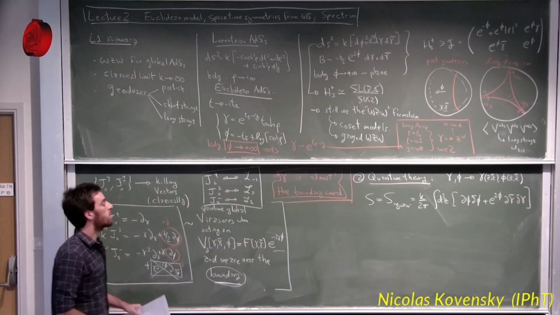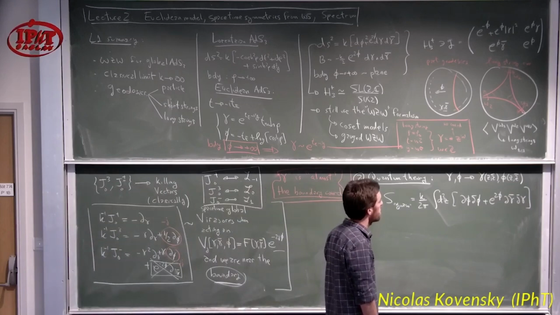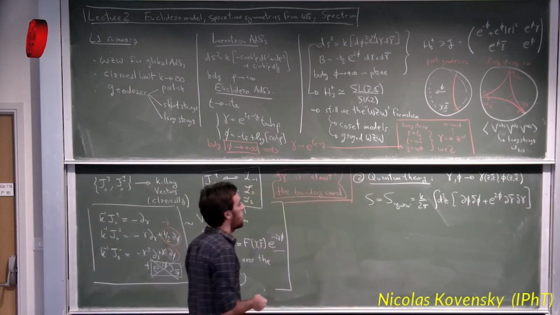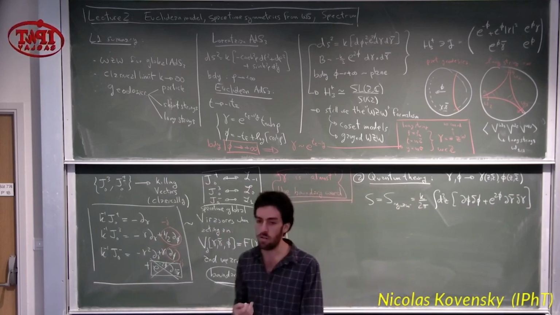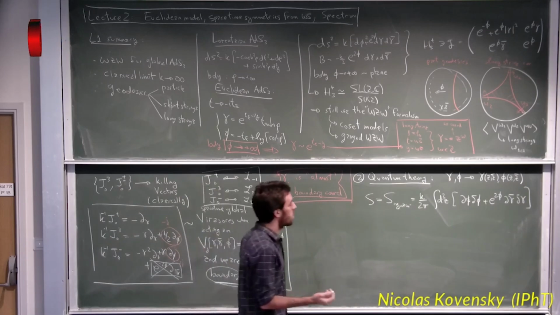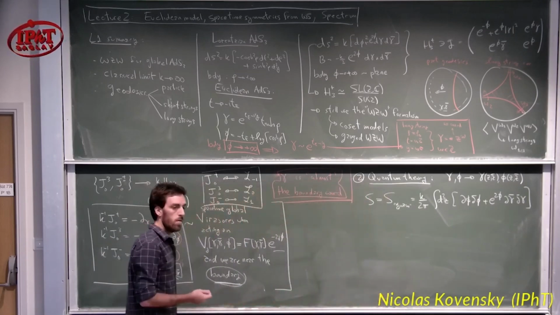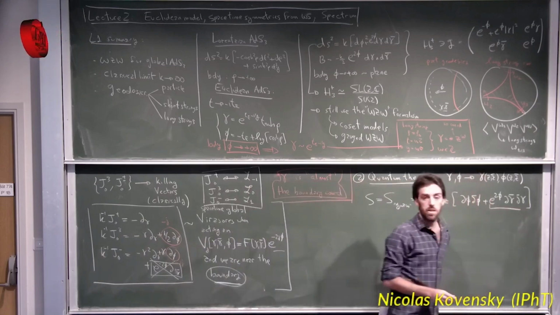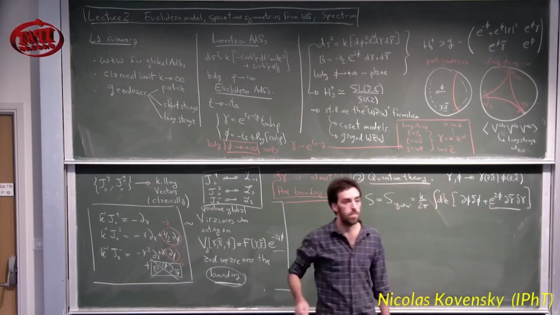However, this is not a particularly useful action as it stands. For looking at the classical equations of motion and so on, it's useful. But for looking at it in a more traditional way for CFTs with a Lagrangian, I would like to have a more canonical kinetic term, right? I want to remove this exponential from here.